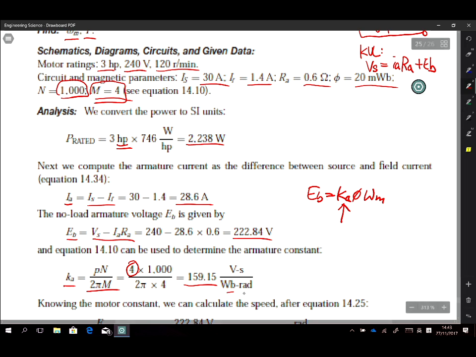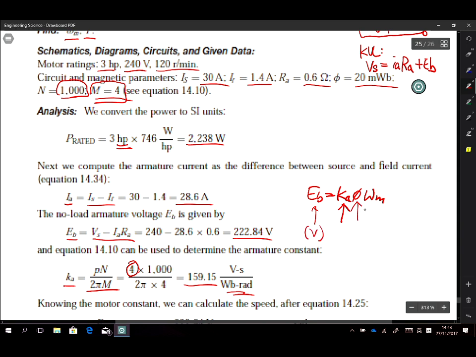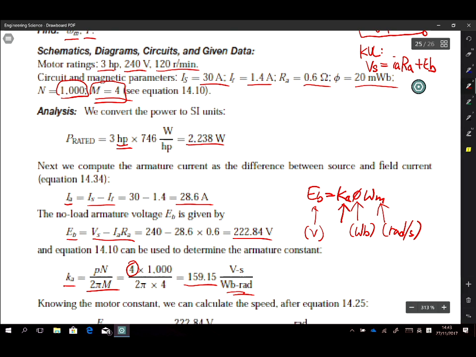This is the unit. It seems complicated, but you only need to use EB, the unit is V, magnetic flux, the unit is Weber, omega m, the unit is radian per second. You can work out the unit for Ka, volt second over Weber radian.